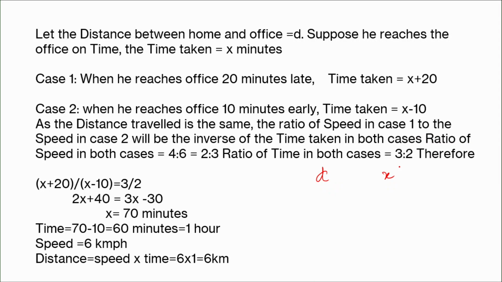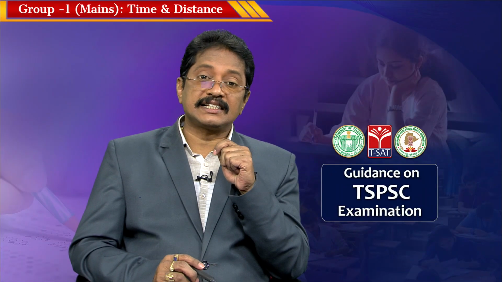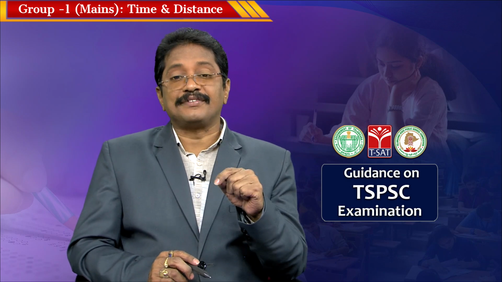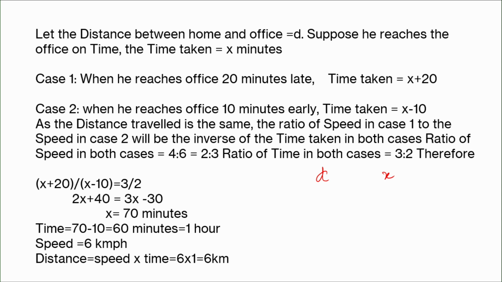Clear? Okay. But we are taking 2 cases here, case 1 and case 2. What is the first case? He reaches his office 20 minutes late. When he reaches his office in time, the time is x.